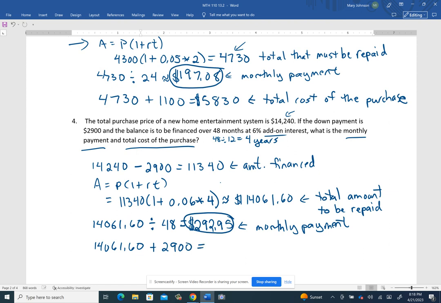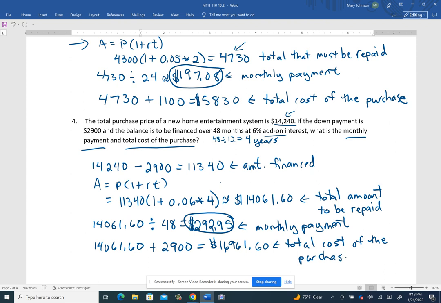You have to remember that you already paid that much. And that would turn out to be $16,961.60. So that would be the total cost of the purchase. Again, it would be the same as $14,240 plus the interest.